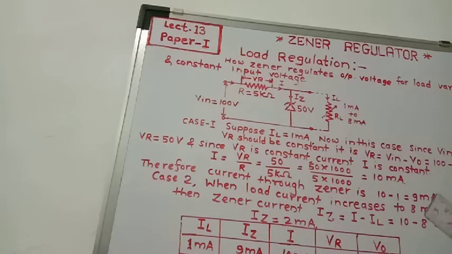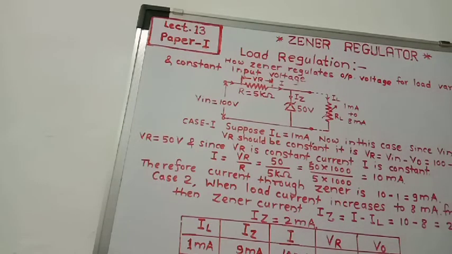Keeping the input voltage fixed, the Zener diode maintains the output voltage constant even if there are variations in load current. In this way load regulation is performed.